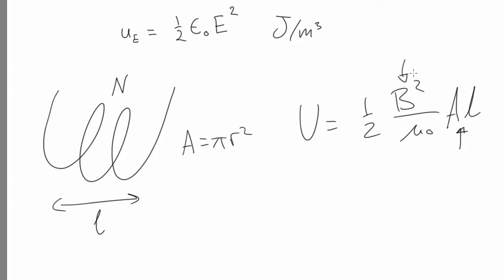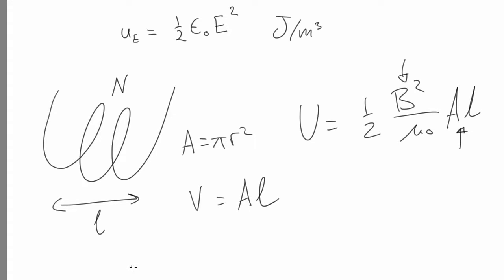So we can do exactly what we did before and rewrite this as the energy density by dividing it by the volume of the solenoid. This is because we can think of the energy as residing in that volume enclosed by these n windings of the solenoid. So the volume is equal to AL.